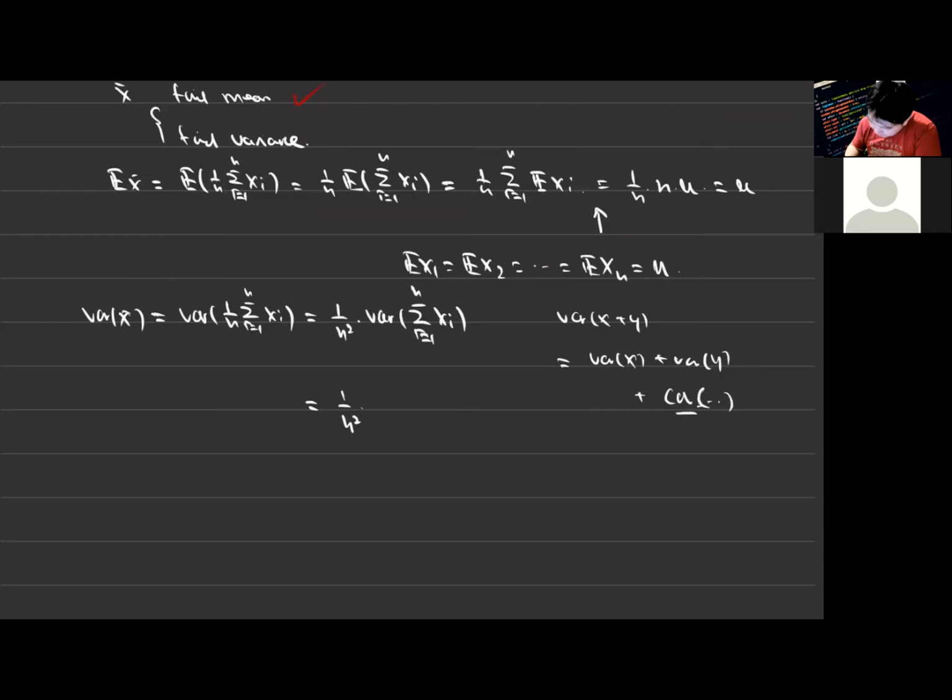But since they're IID, this term goes to 0, so it's gone, right? So technically speaking, not everywhere, but in this situation, I don't actually have to write any of this stuff. All right, because they're IID.